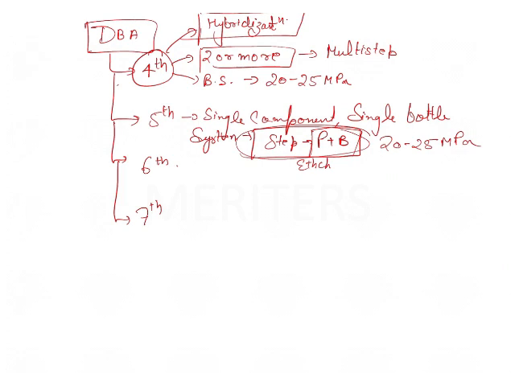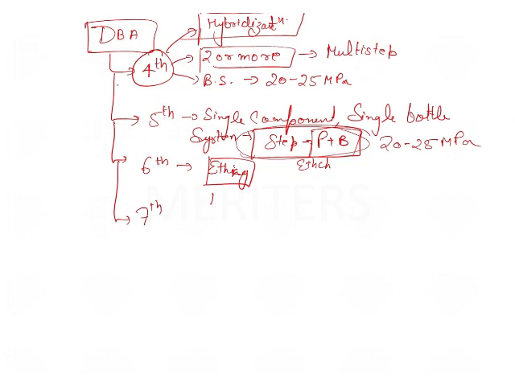Now after this you will have the 6th generation. In the 6th generation, the adhesive does not require etching, so there is no separate etching step. We call it a self etching primer. In this there will be a dentin conditioner in one of the components, although it can be multi-step, and it has lesser bond strength compared to the 4th and 5th generation.